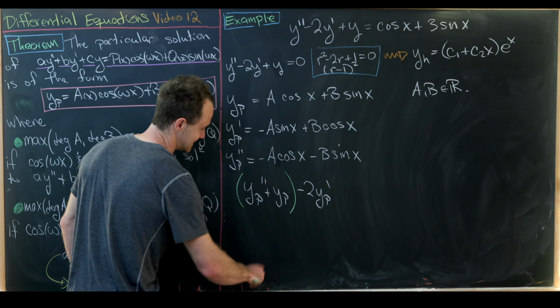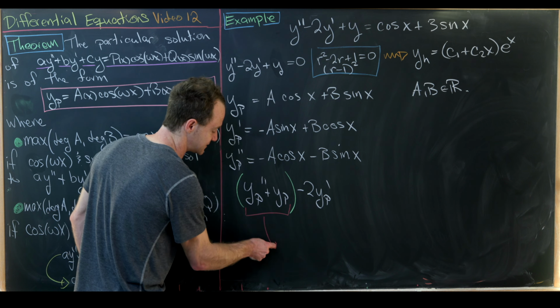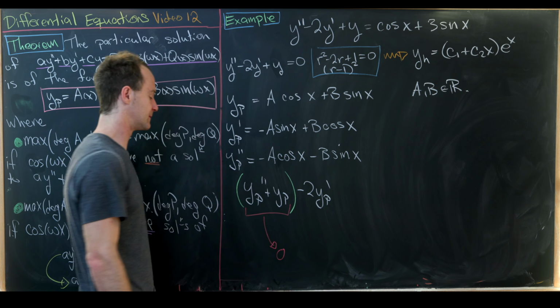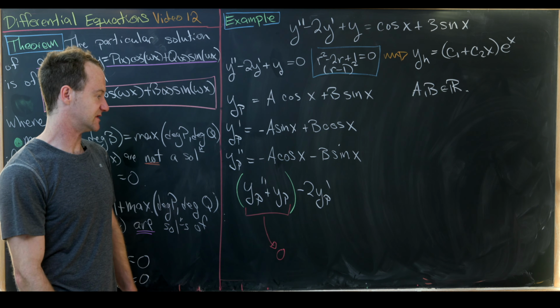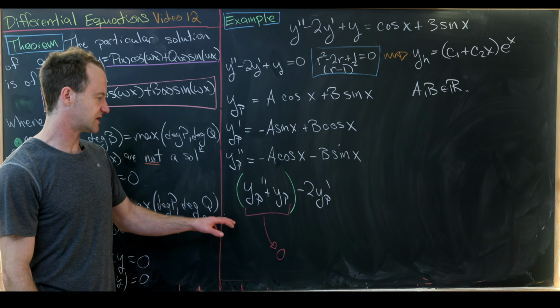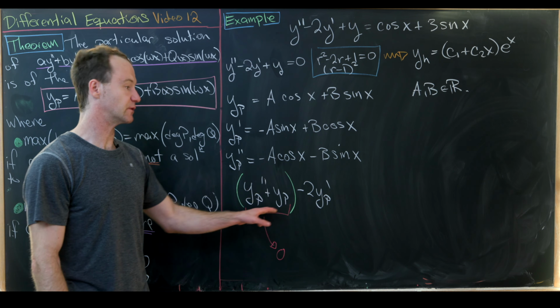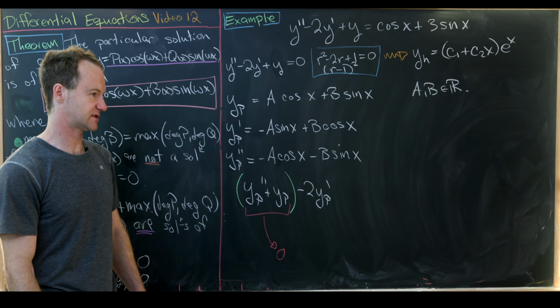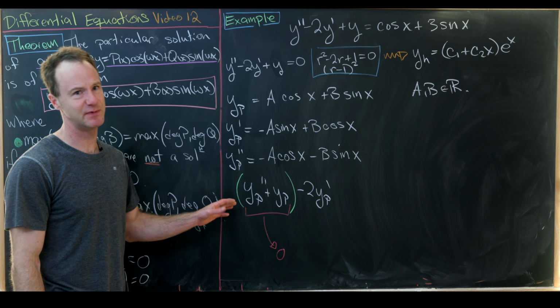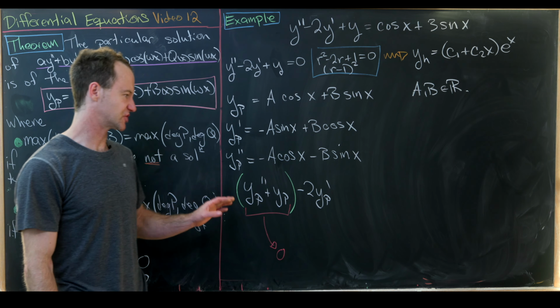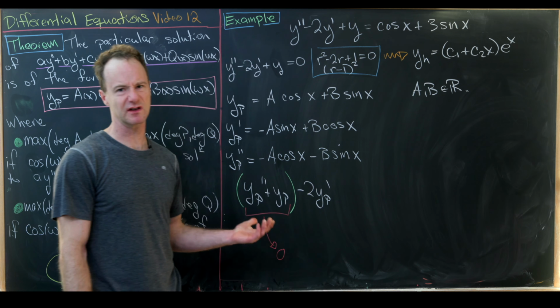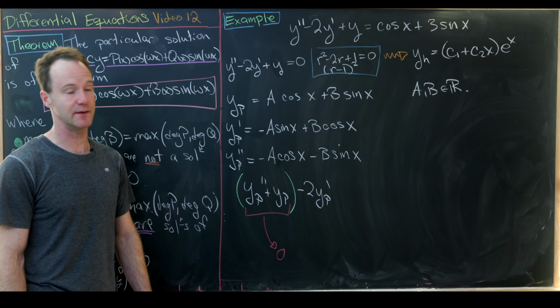That doesn't always happen, obviously. That's just a really special case of what's going on here. So like I said, that's going to give us 0. And that's because cosine and sine happen to be solutions to the differential equation we would get if we were to leave off this minus 2y prime part.